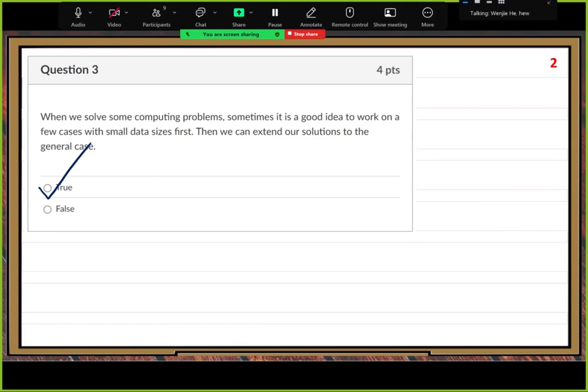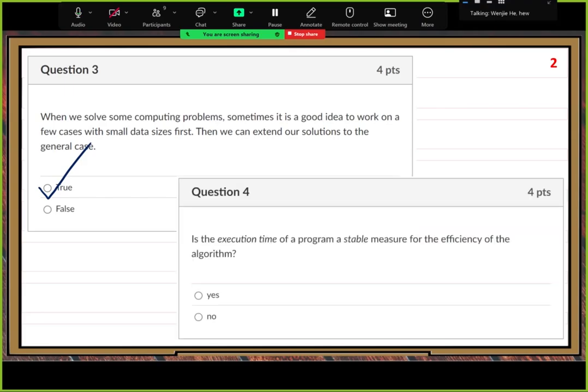Then we can extend our solutions to the general case, because after we have some experience and observe some properties, we extend the properties to the general case. You can see some questions are pretty easy.